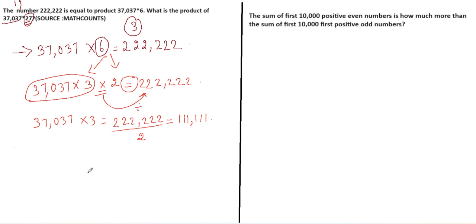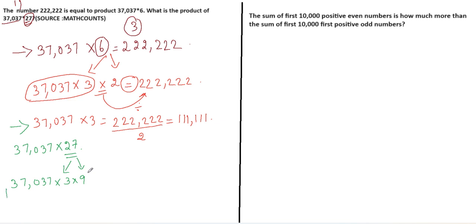Now, in the question, they are asking you to find the value of 37037 into 27. So how can you write 27? You can write 27 as 3 into 9, correct? So we need to find 37037 into 3 into 9. Now look into this.